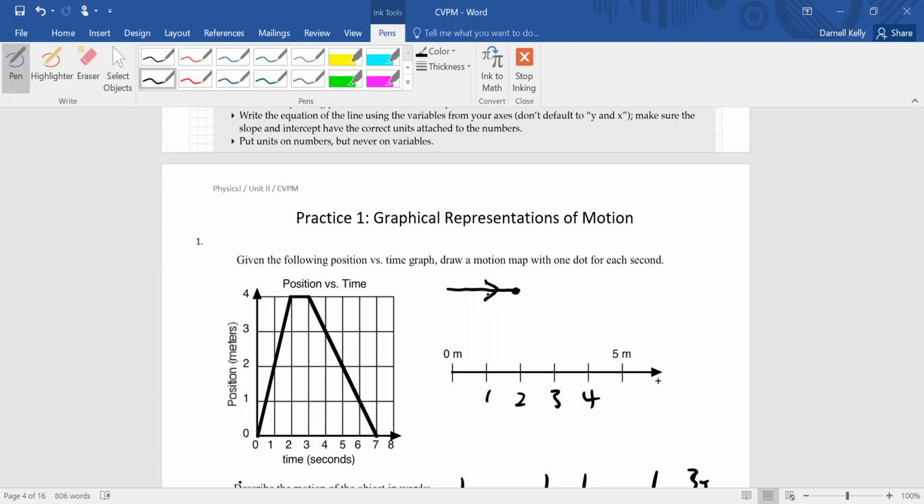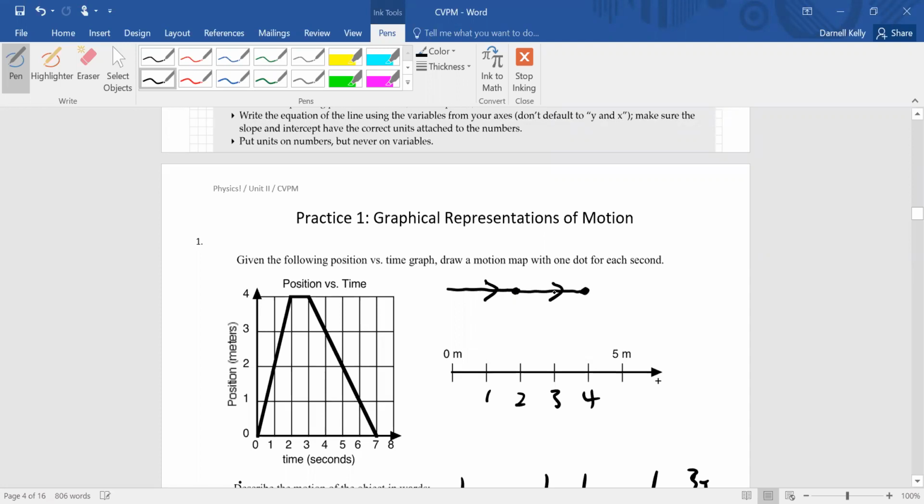Next, in the second second, we have traveled to 4 meters. So now we just keep on drawing and we stop at 4. Okay, so like that.